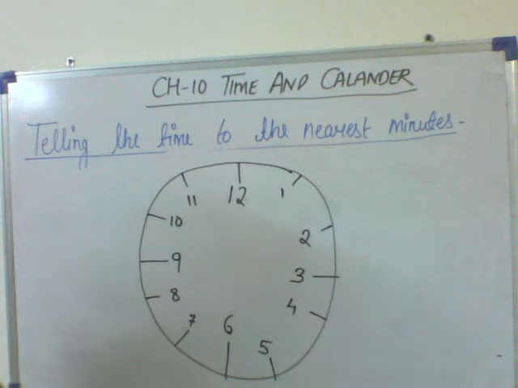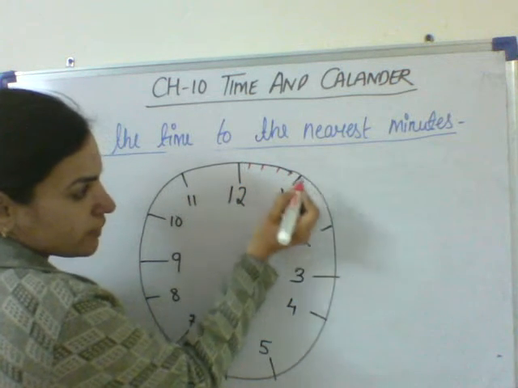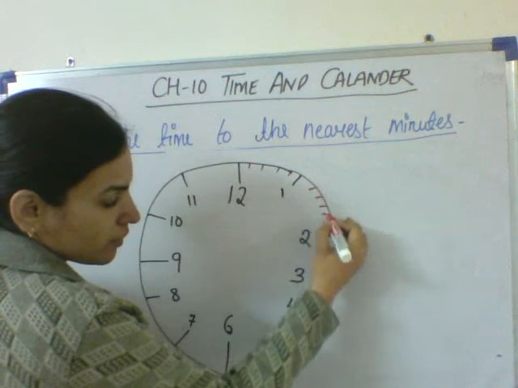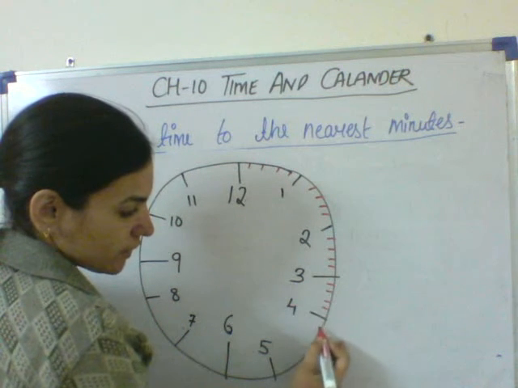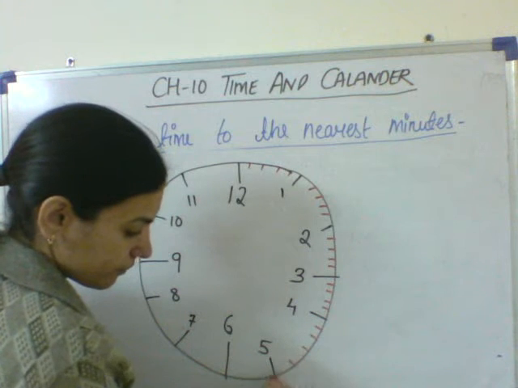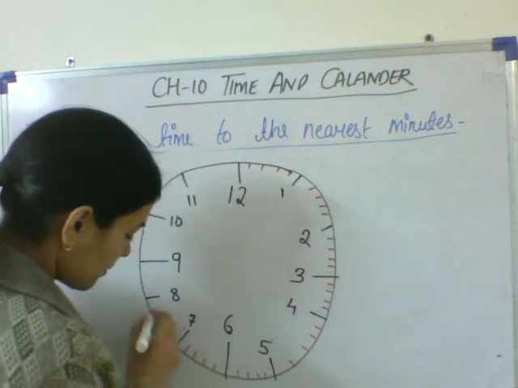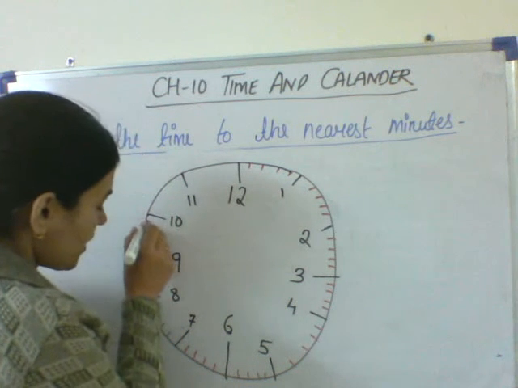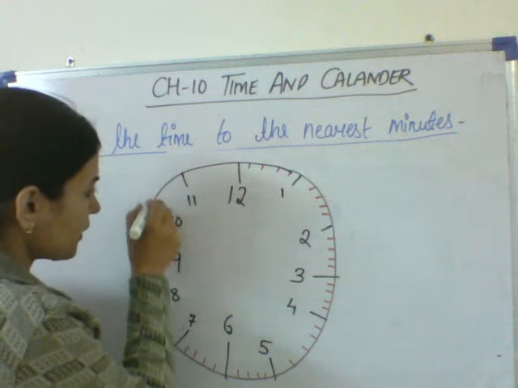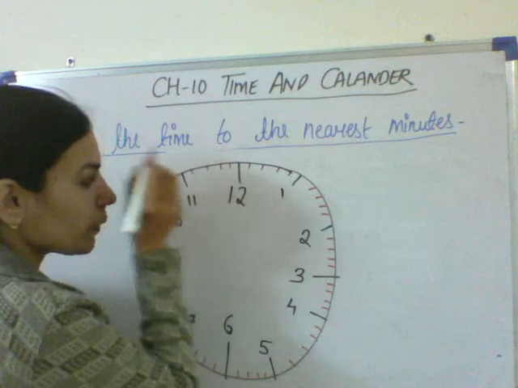Now in between each you have to draw 4 lines. So total how many divisions will be there? 60. You have to draw the 4 lines equally. Here also we will draw 4, here also 4, here also 4.